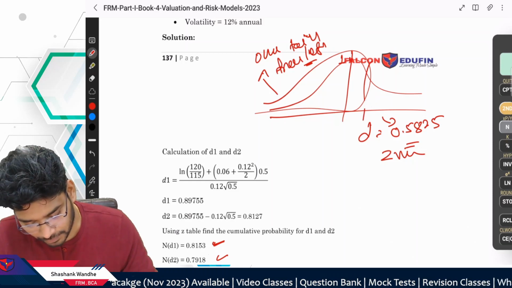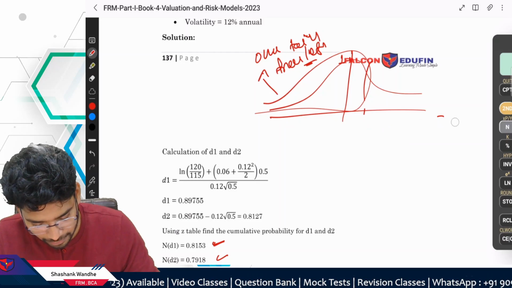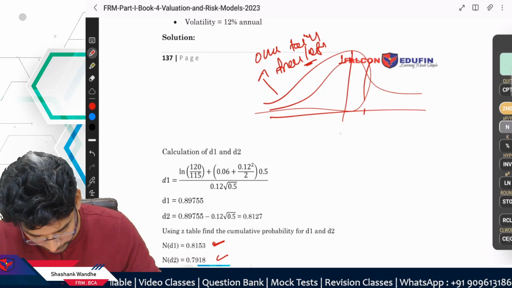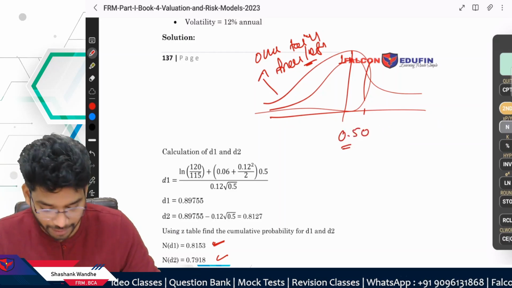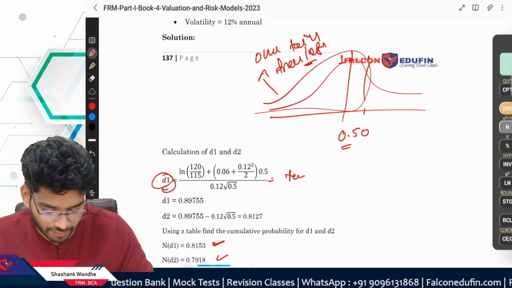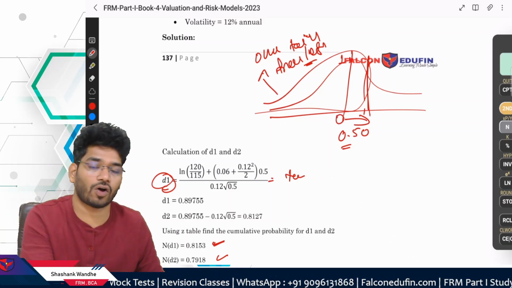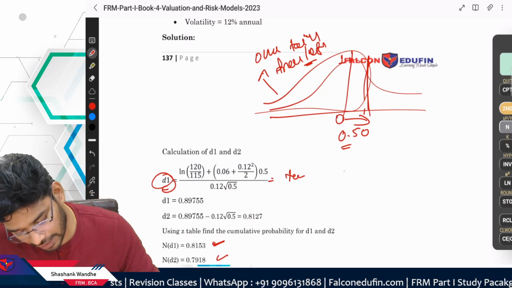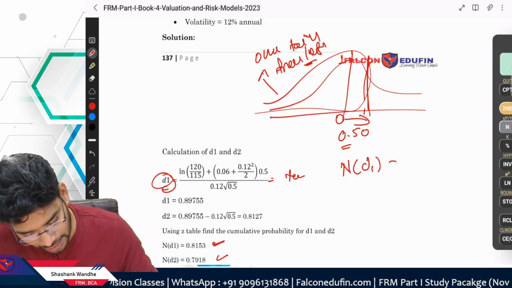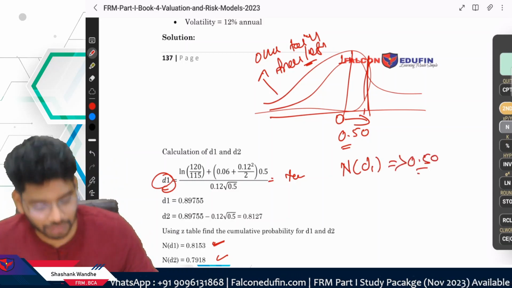But generally your D1 will be greater than 0.50. Why? Because D1 is going to be positive always. If D1 is positive, then D1 will always land after 0, because this is the 0 point. If D1 lands after 0, then ND1 is going to be greater than 0.50.